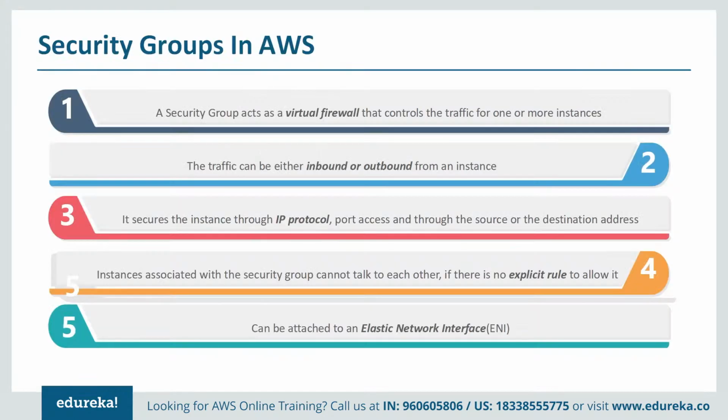Security groups act as a virtual firewall that controls both incoming and outgoing traffic. All you need to do is specify within the security group, for which protocol, which port number, what is the source and what is the destination, you want the traffic to be allowed.